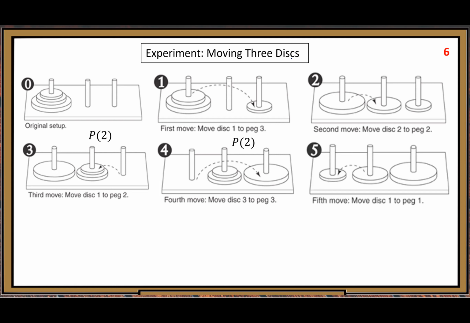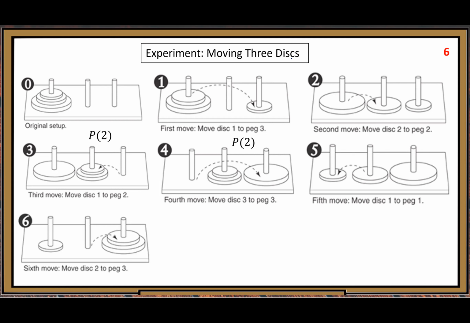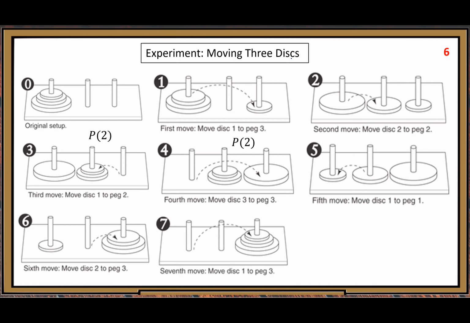Then how to solve it? We move the smallest disk from peg 2 to peg 1. Then the middle disk from peg 2 to peg 3. And the smallest disk, the last time, move to the destination peg 3.